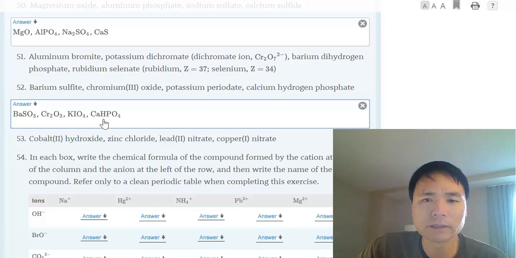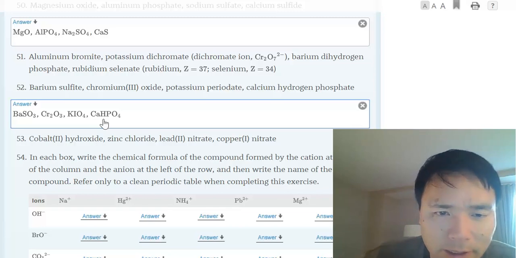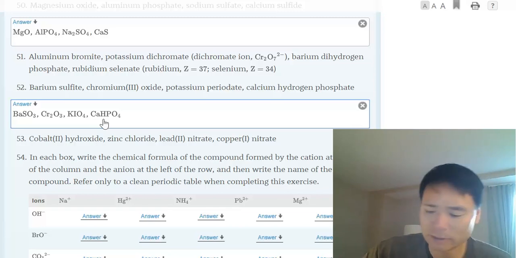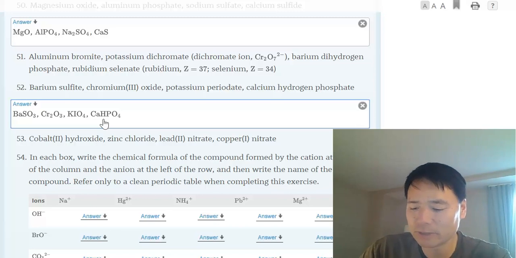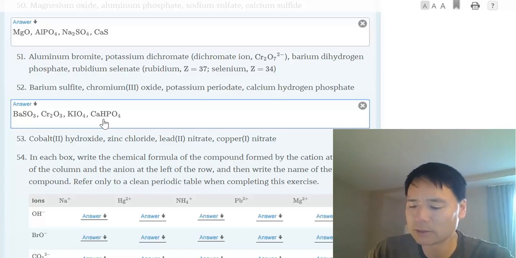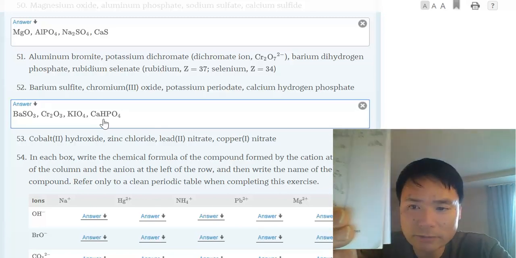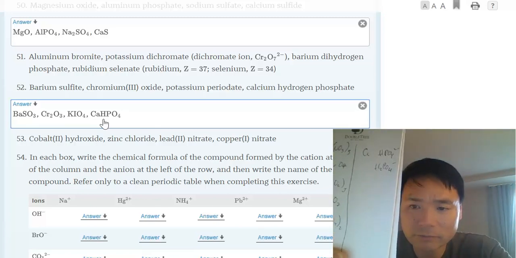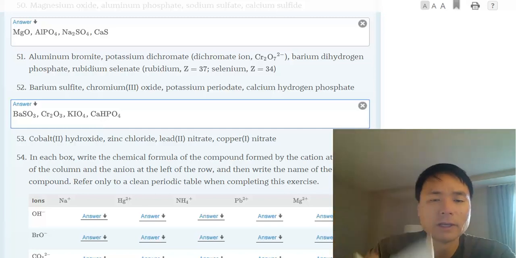HPO4 is a 2 minus. Dihydrogen phosphate is the 1 minus. So I need to start calling them monohydrogen and dihydrogen phosphate, otherwise I get confused sometimes. It would be calcium monohydrogen phosphate, which would be a 2 minus charge.